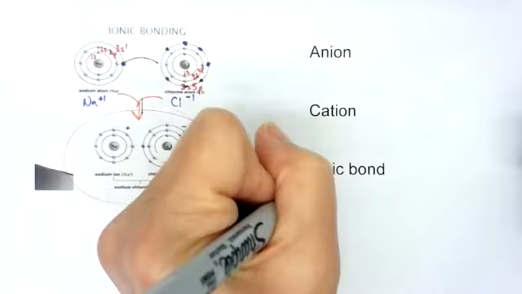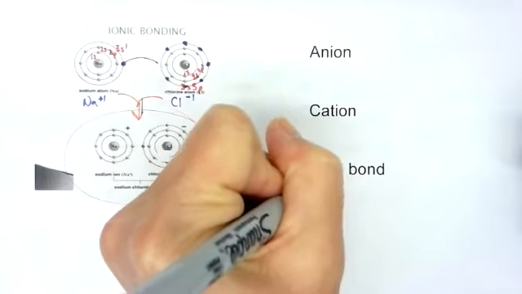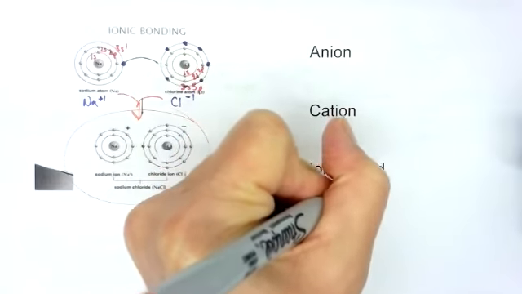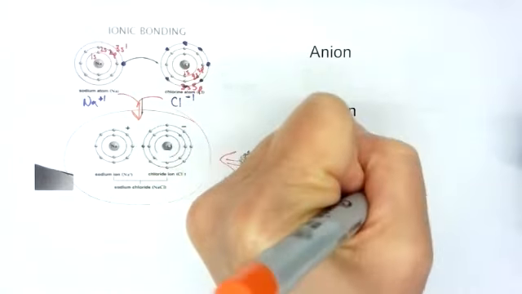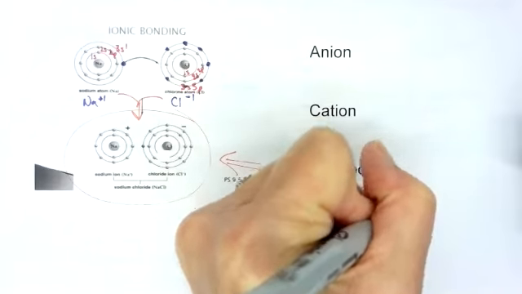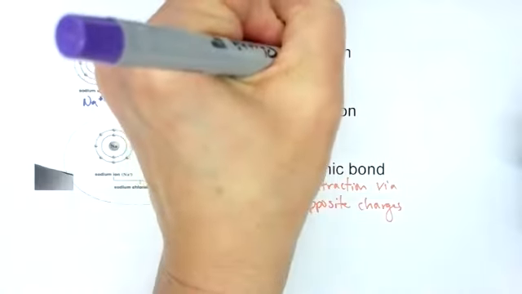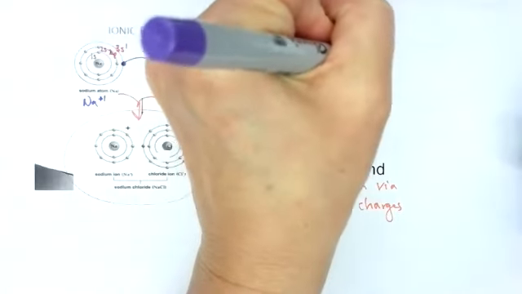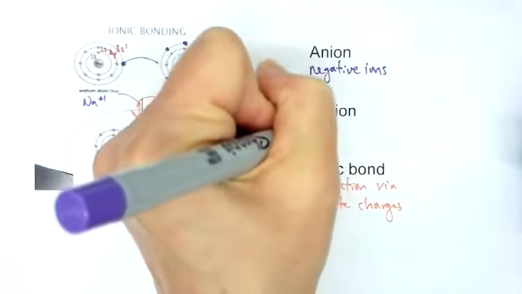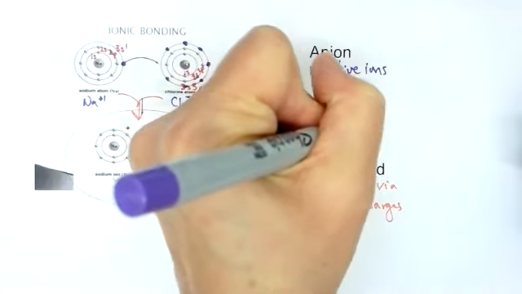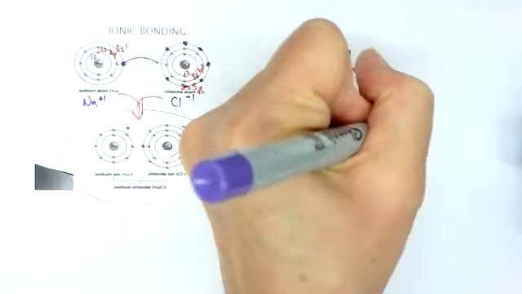So remember, ionic bond is attraction via opposite charges. Anions are negative ions, and cations are positive ions.